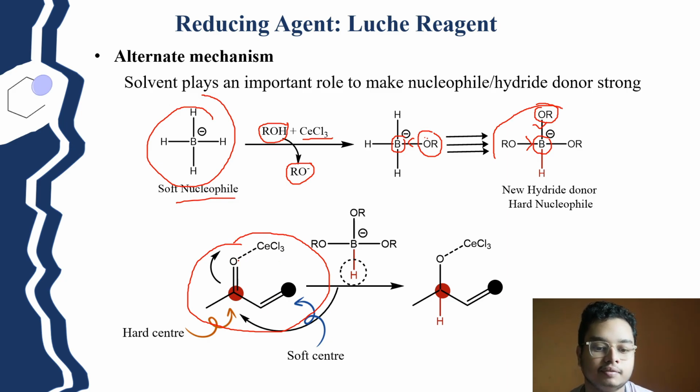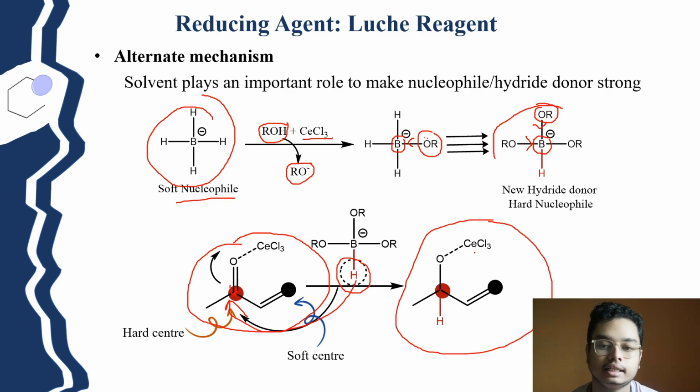with the sodium chloride, after chelating this center becomes hard, and now this hydride also becomes hard. So hard interaction is much more facile in nature, so that's why this attack is favored, and that's why we can say that this is purely a 1,2 addition product, not a 1,4 addition product, because the nucleophile is now much harder, as well as due to chelation the electrophilicity of this carbon is increased manifold, and that's why the center becomes a much harder center.